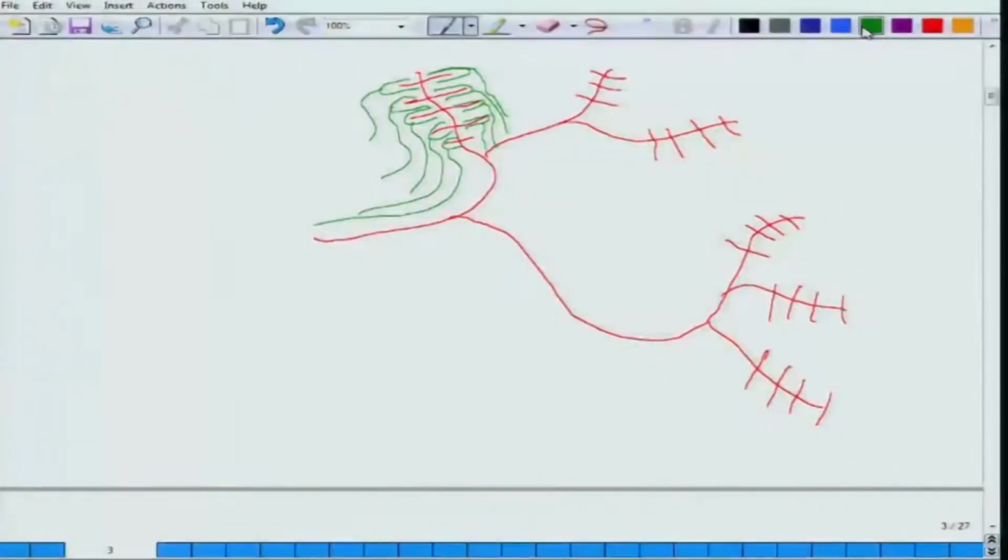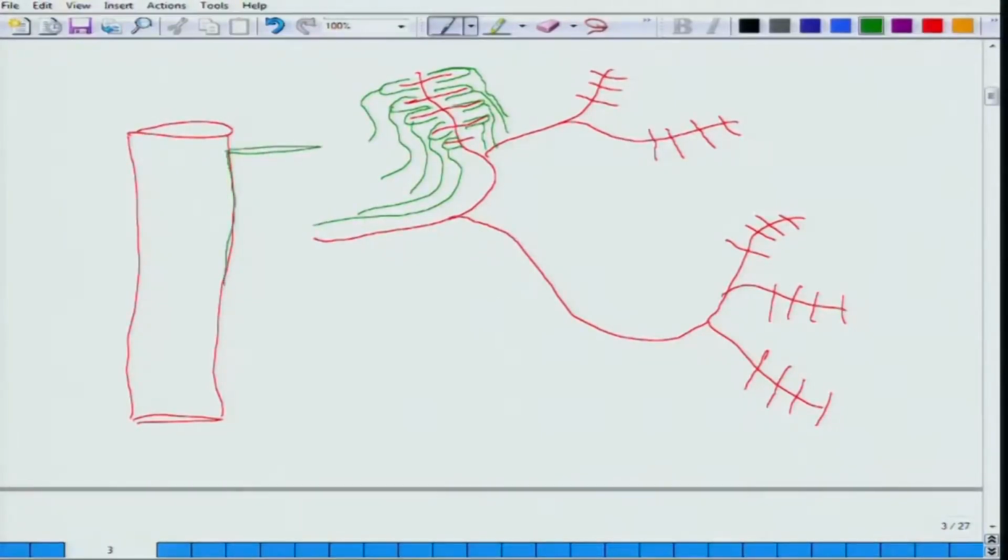Let me draw it, that will make more sense. If I take a cross section, it is something like this. If this is the blood vessel, then in close proximity you have these vessels going, but they are two separate entities. Okay. If I blow up this part, it will be something like this.